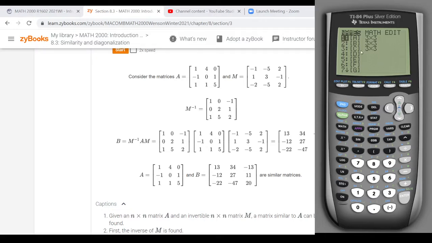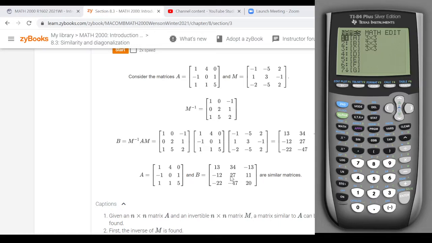And the matrix I called C in my calculator is this matrix M with the negative 1, negative 5, 2, 1, 3, negative 1, negative 2, negative 5, 2. And again, this matrix C or M is invertible. Right? It has an inverse as they've shown us.